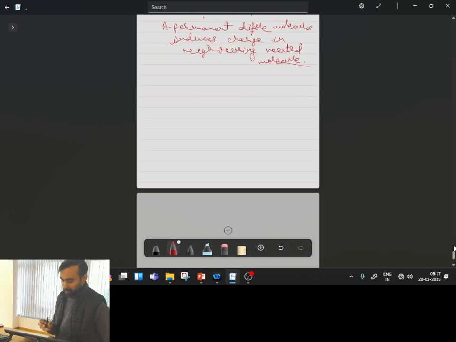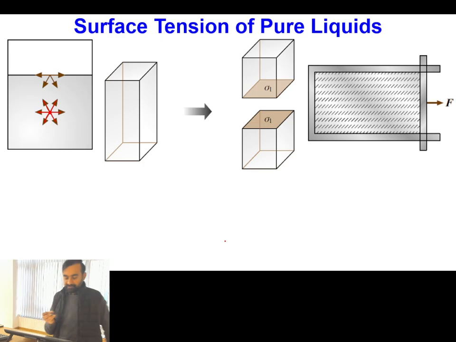Mostly whenever we study polar molecules, what is surface tension? Now you have seen that I have explained the reason for attractive and repulsive forces. If a molecule is present in the bulk of the fluid medium in such a way that in its surroundings the same nature of molecules are present, all at almost equal spacing from this particular molecule, what will happen?